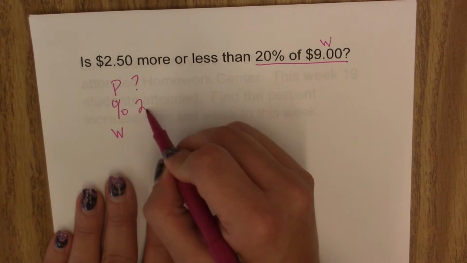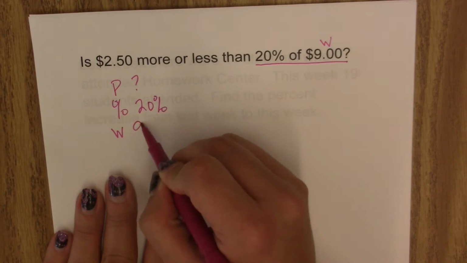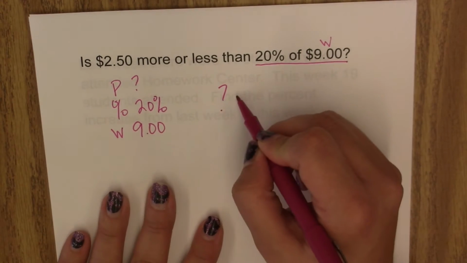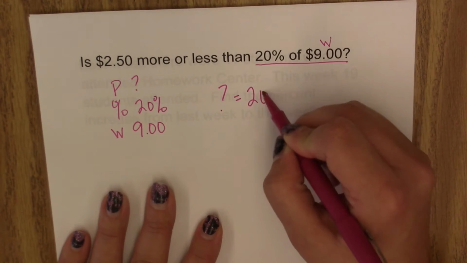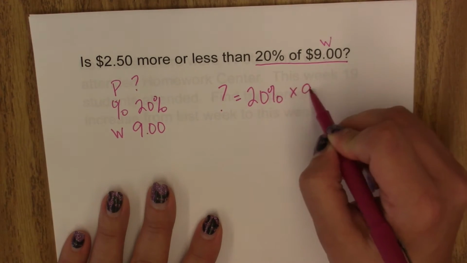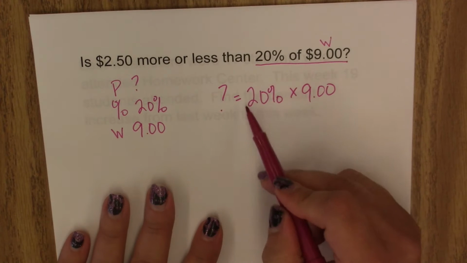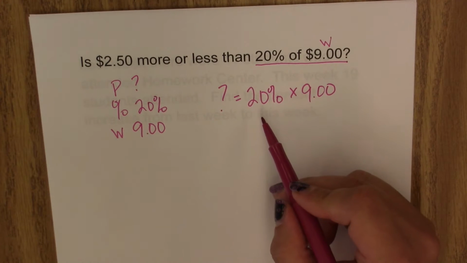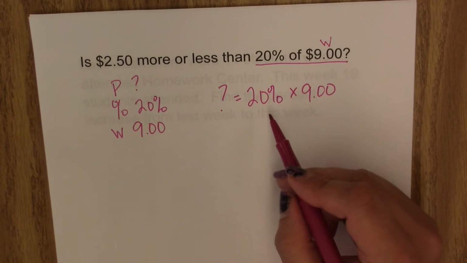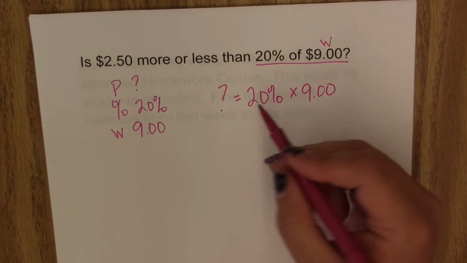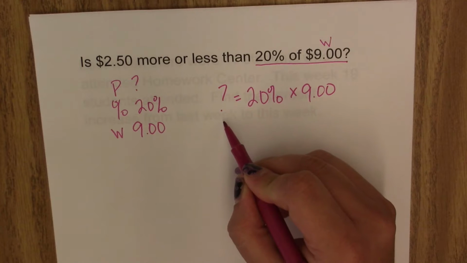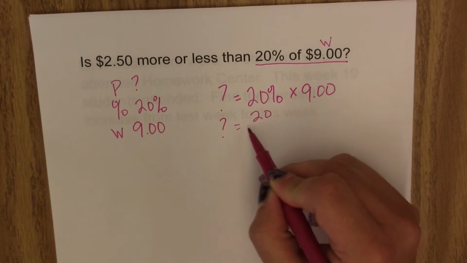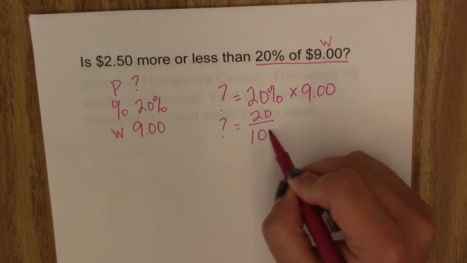We know our percent is 20 and our whole is $9. Okay, so part equals our percent times our whole. In order to work with this, you can change this to a decimal or to a fraction. Either way is fine. I think we've been practicing in class changing this to a fraction, so that's what we're going to do here.